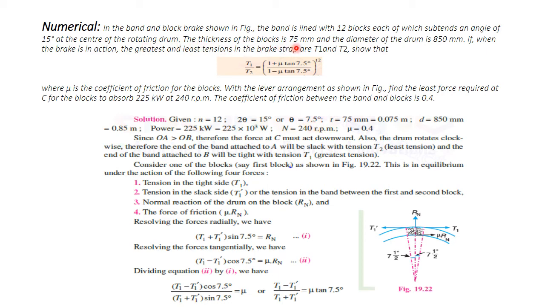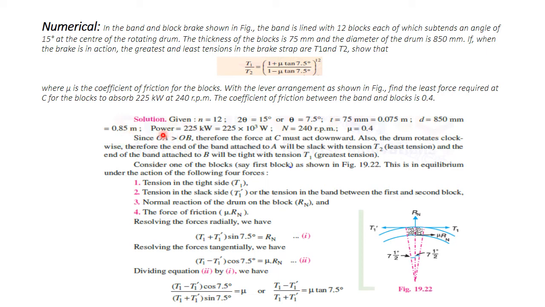The thickness of block is 75 mm and diameter of drum is 850 mm. So we know that diameter is equal to 850 mm, thickness is equal to 75 mm. Then we can convert it into meter. Therefore that value will be 0.075 meter and D will be 0.85 meter.